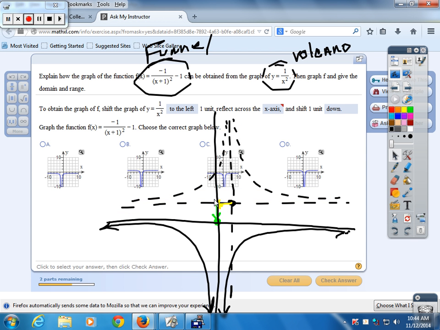Okay, and then now, which one is it not? It's not B or D. Well, let's look. D has a vertex right in there, so that's not right. This one's not right because it has a vertex right in there. Our vertex is in the what quadrant? Third.